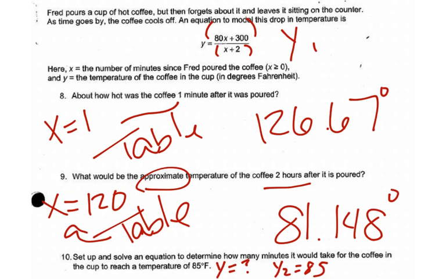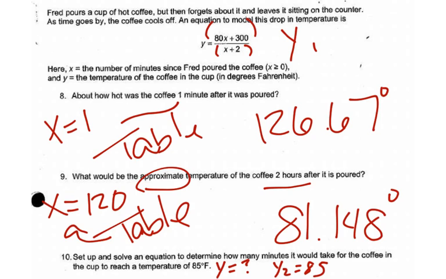So what I might want to do is just go to my table and figure out when they're both 85. And I'm just using my arrow and just looking at them. This is the long way of getting there, but it will work. I'm still waiting.